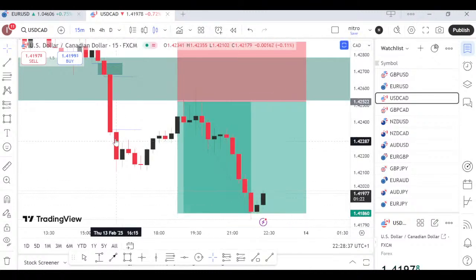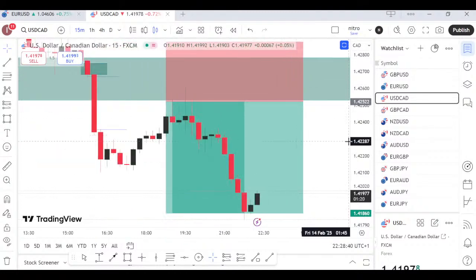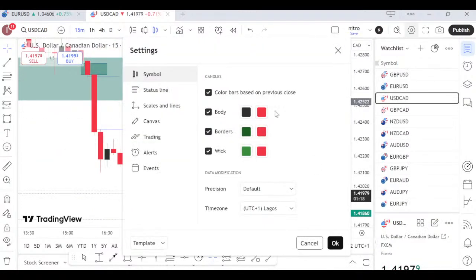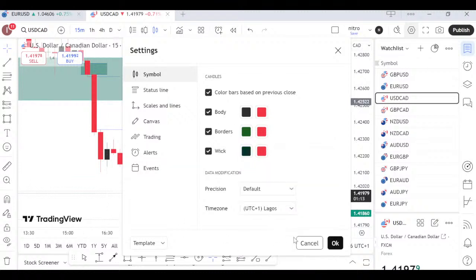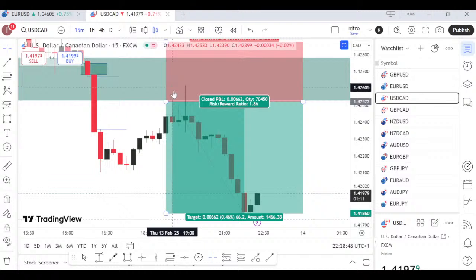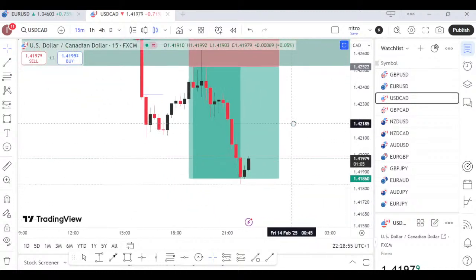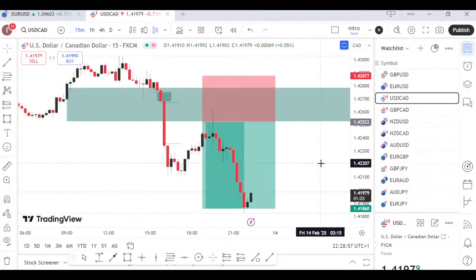Okay, good. All right, good. Can you see price just came in, tapping our wick, our entry spot, and then just went down. That's just what I've been talking about.